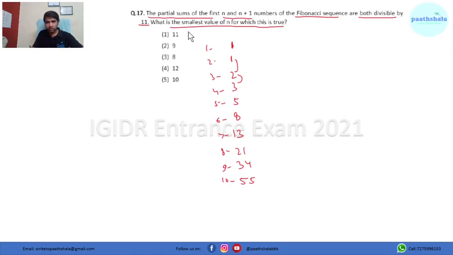Now as it is asking about the partial sum, first find the cumulative sum here.